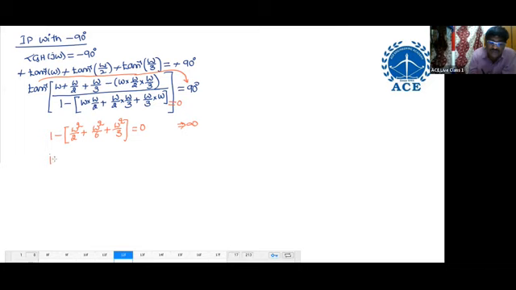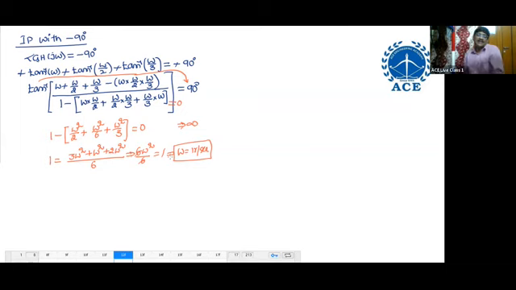Equal to 0. Then 1 equals what? LCM is 6. Now 3 omega square plus omega square plus 2 omega square gives 6 omega square by 6 equals 1. That means omega equals 1 radian per second. At omega 1 radian per second, find the magnitude.